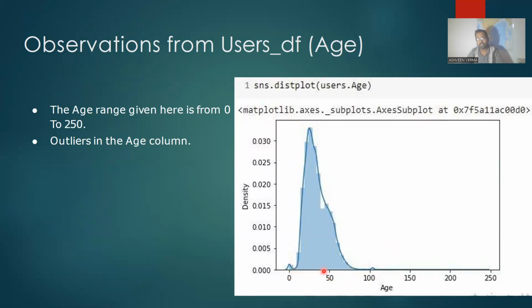From here till 50, the number of users who have read books is much higher. The density of users reading books is much higher. From this graph we can predict that young people are very enthusiastic and excited to read books or novels.